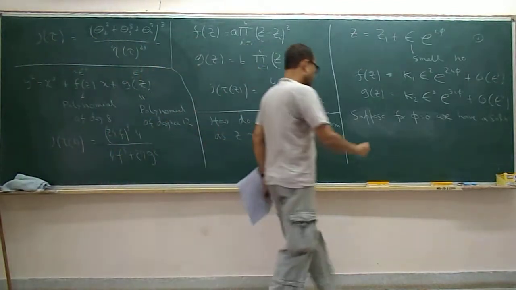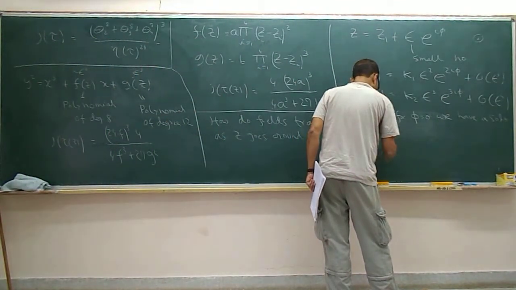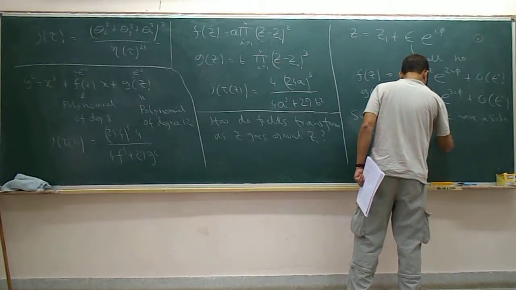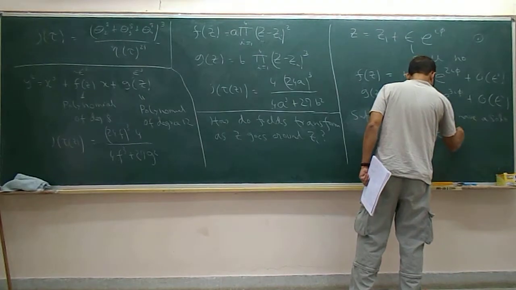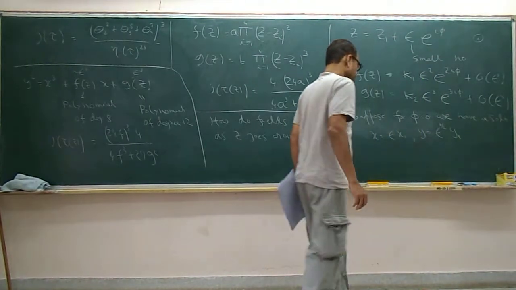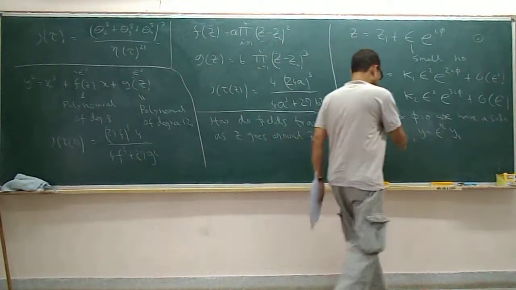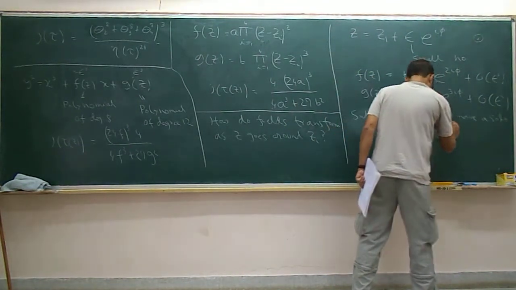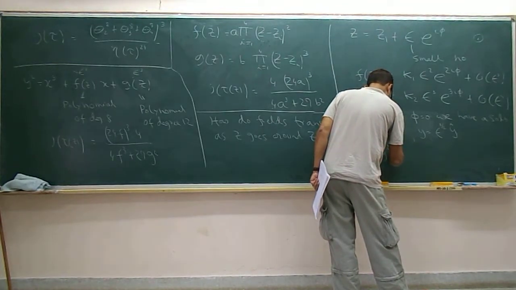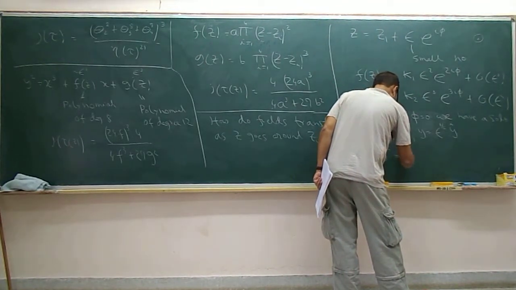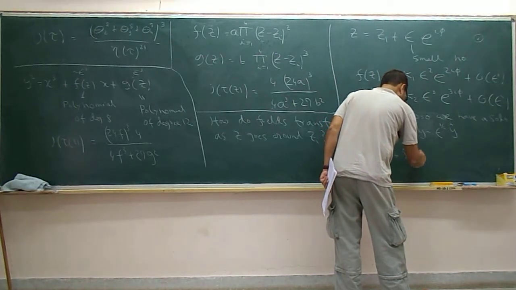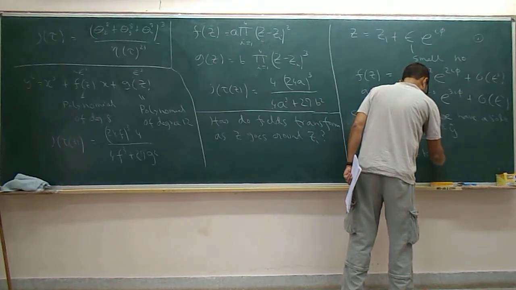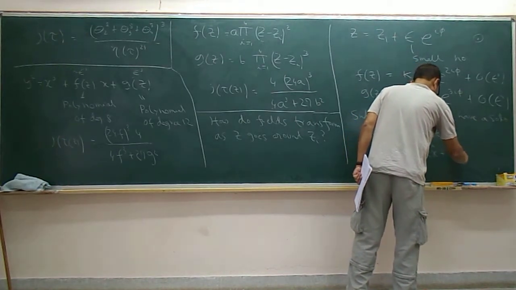So the solution will be x equal to epsilon x hat and y equal to epsilon to the 3 halves y hat, where y hat squared equals x hat cubed plus k1 x hat plus k2.